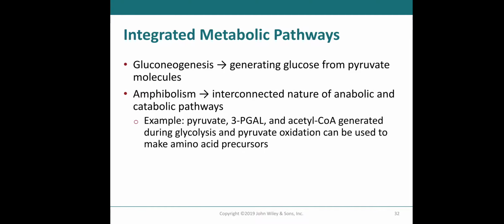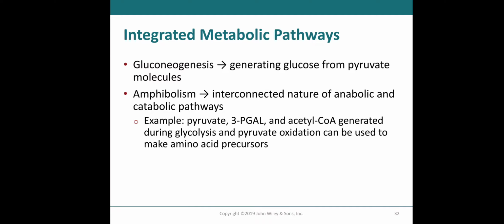This is the interconnected nature of the anabolic and catabolic pathways. Sometimes with pathways we really cannot differentiate them, as the line between anabolism and catabolism is blurred. Some pathways, on one hand, degrade large metabolic molecules.